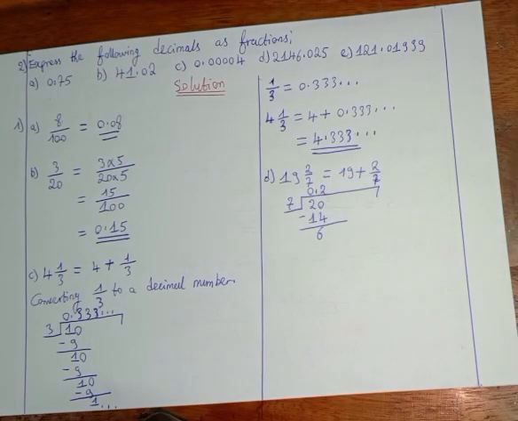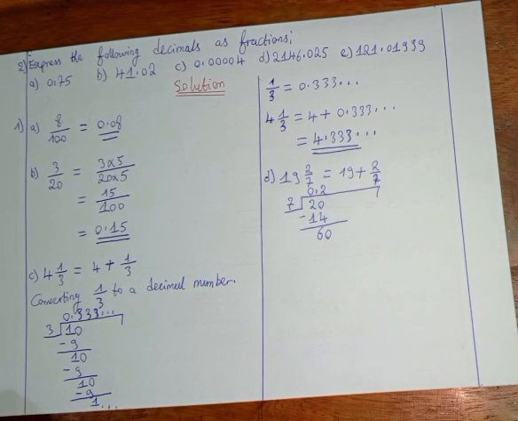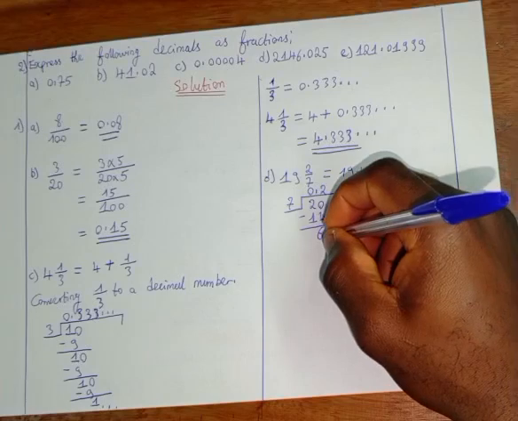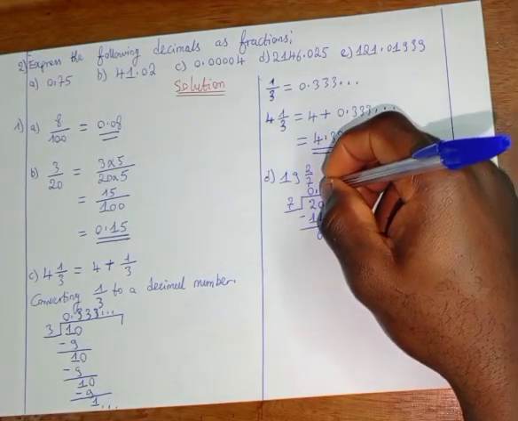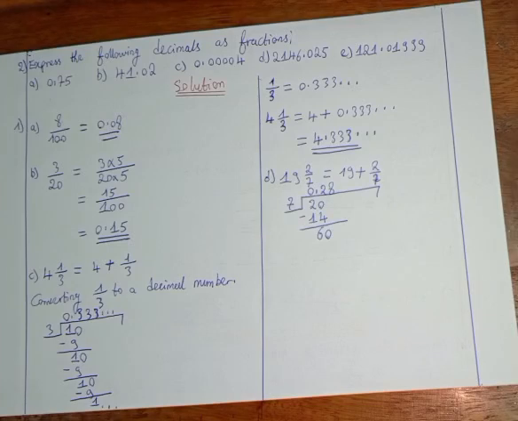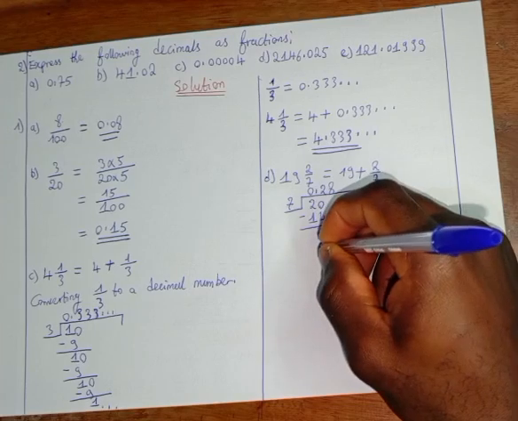We know 6 is less than 7. So we are going to attach a 0 to 6 to obtain a number 60. 60 is greater than 7. So now we can perform the division. Take 60 divided by 7 gives us 8. Next, if we take 8 times 7 gives us 56.